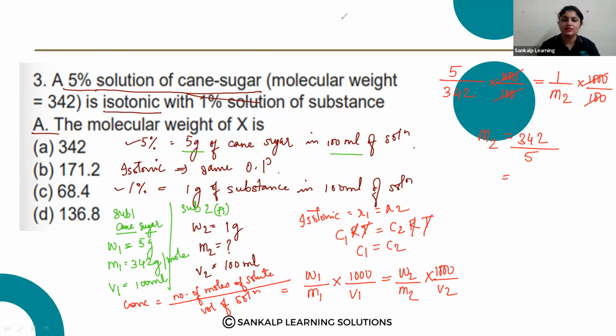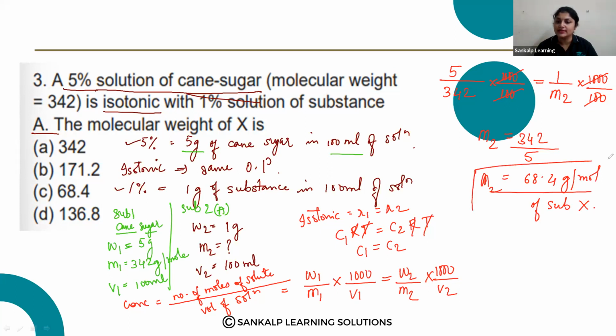Yes, it is 68.4. So after solving this, you get 68.4 gram per mole for substance X. So this is the molecular weight of X.